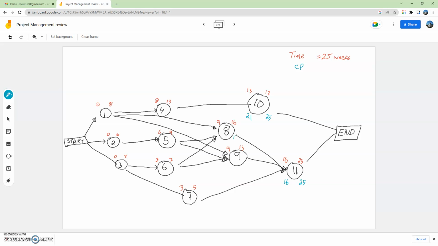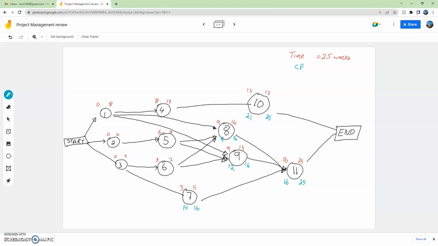Because there's only one activity after them, this is 16 for all of these. Activity 8 has a time period of 7. Activity 9 has a time period of 4, so that would be 12. And activity 7 has a time period of 2, so that's 14.